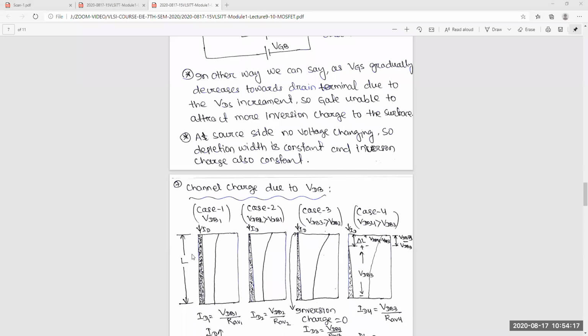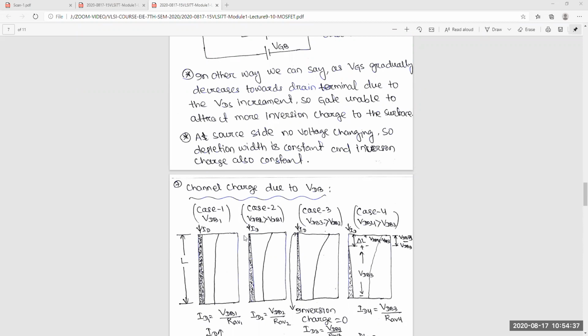So got this point? Next, come to the case VDB2 greater than VDB1. What happened? The charges will gradually be less compared to the first picture. In this case, VDB is more.